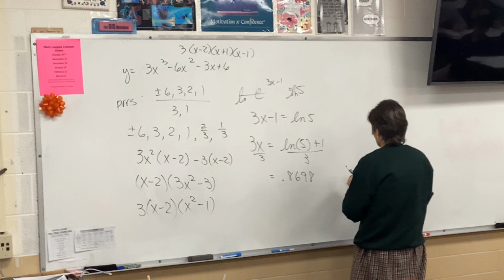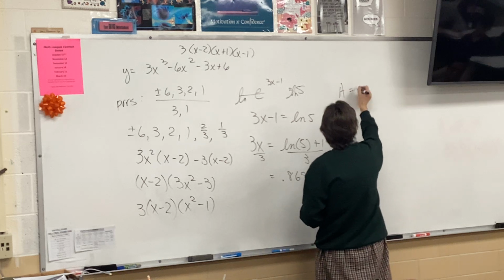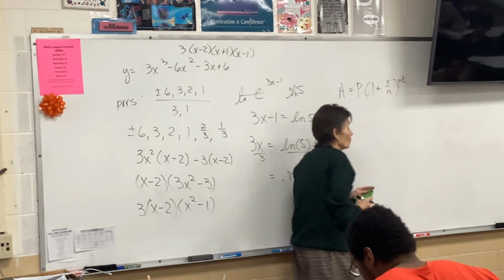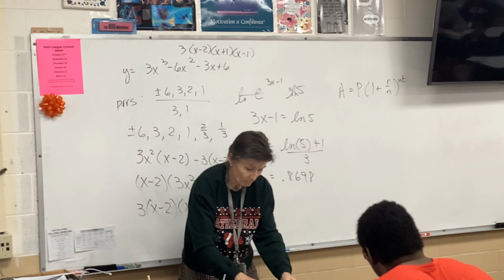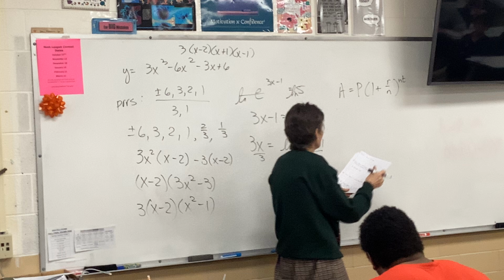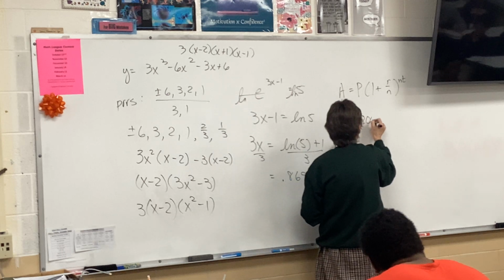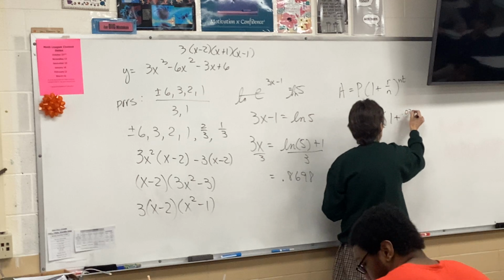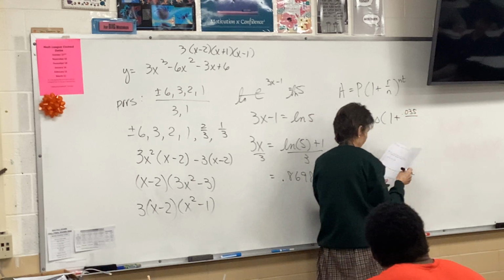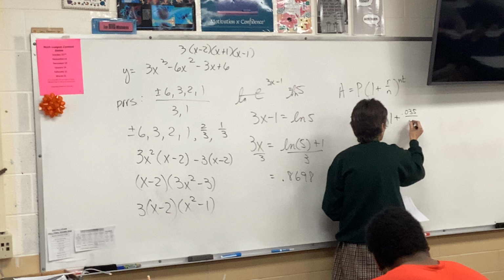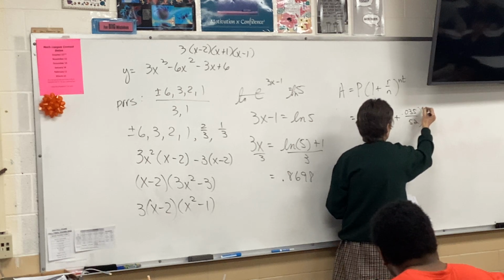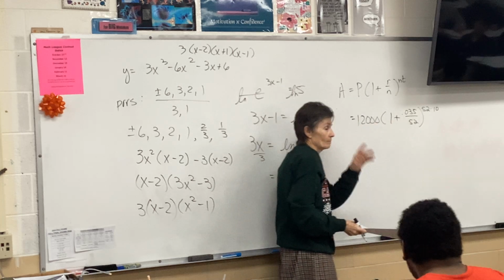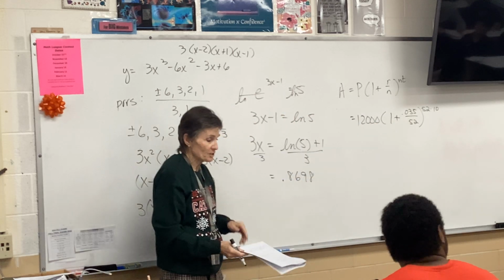Yes, I do that. So we have this formula, and we want to know, come on, we got a few more minutes. How much would you have if you invested 12,000 at 0.035 compounded weekly for 10 years? Why do I have 52?